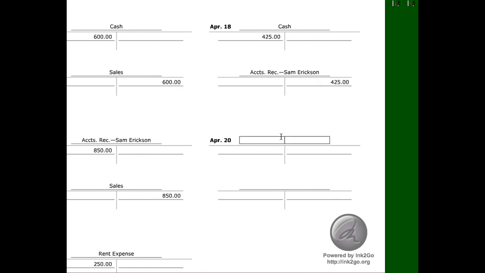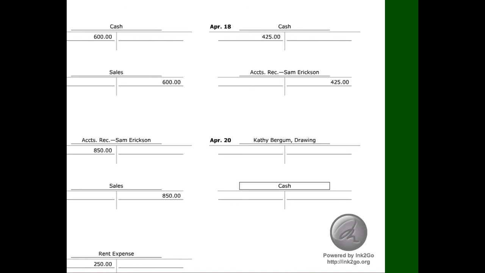And the last one, on April 20th, we paid cash to owner for personal use. Two accounts affected this time are going to be our Kathy Burgum drawing account, drawing because we're taking money out, and our cash account. Kathy Burgum drawing is an owner's equity account, and cash is an asset account.